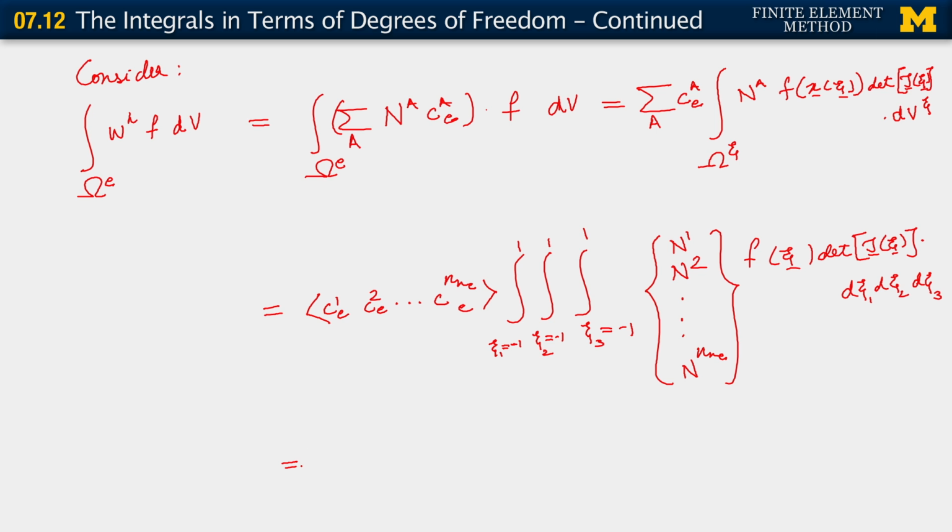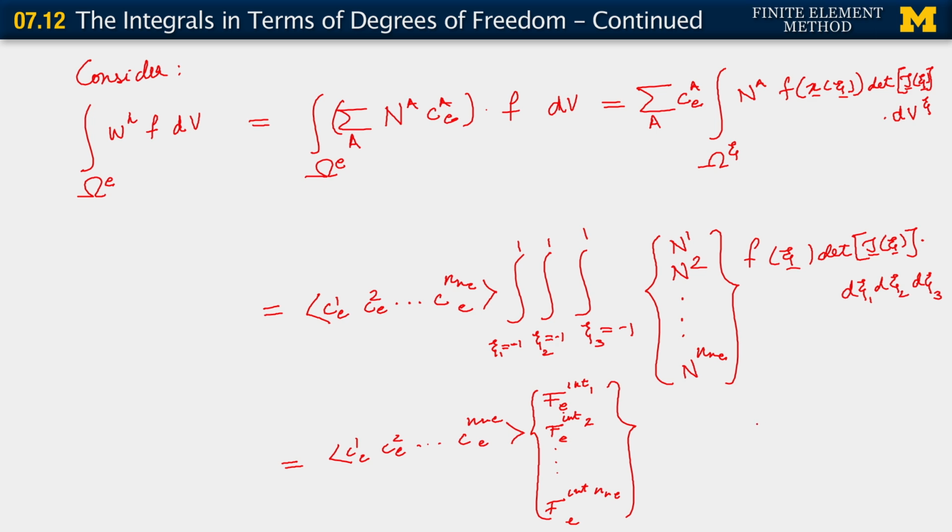And we observe that we essentially get what I will write out as being C1e, C2e, up to C, number of nodes in the element E, times a column vector which I will denote as F internal, degree of freedom 1 in element E, F internal, degree of freedom 2, element E, coming down as far as F internal, the last degree of freedom in element E.